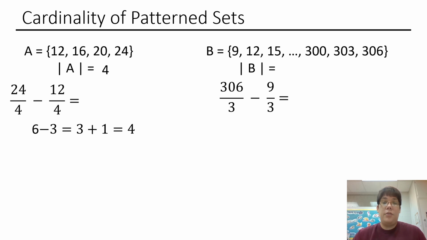All right, so we have 306. We're going to divide that by 3 because that was my multiple. I'm going to take the first number, 9, and divide it by 3. And so I get 102 minus 3, which turns out to be 99. And then I add my 1, and I get 100. So there are actually 100 elements in that set. That's the cardinality of that set.